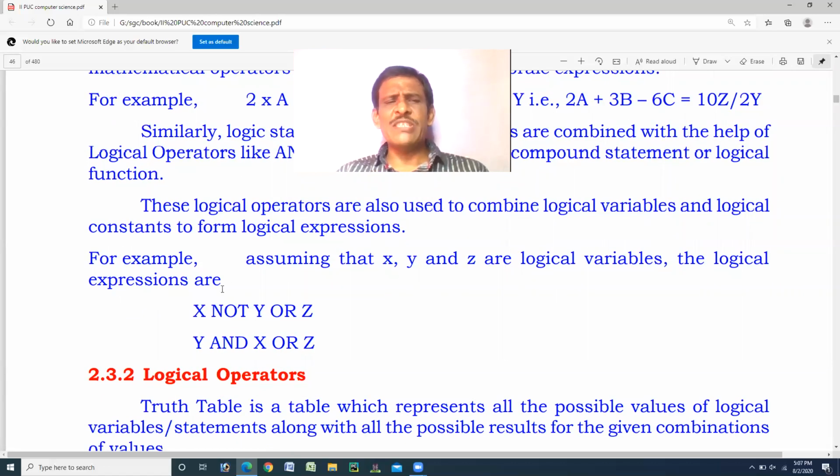The logical expressions are x, not y, or z. This is one logical expression because it has the logical operators not and or. Then y and x or z. In this, again, and, or are the logical operators. That's why you can call this also a logical expression.